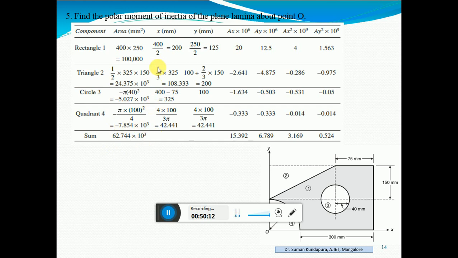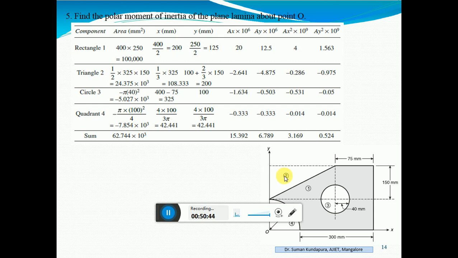Now we'll go for the x distances from the y axis for each of the figures. For the rectangle, by now you are very sure what the x distance is. It is half of the breadth, that is 400 divided by 2, which is 200. For the triangle, from the y axis up to this point, the centroid will lie somewhere here.